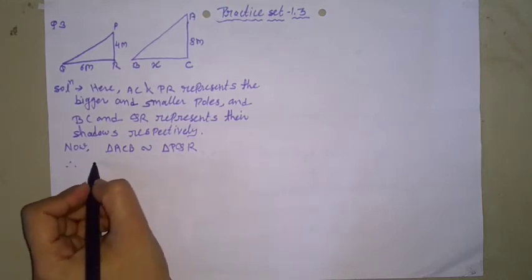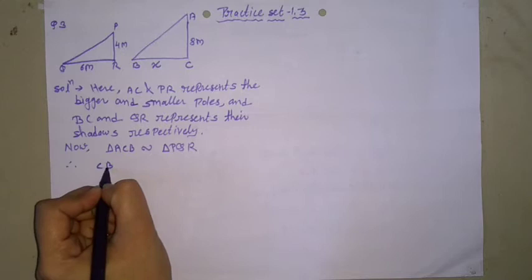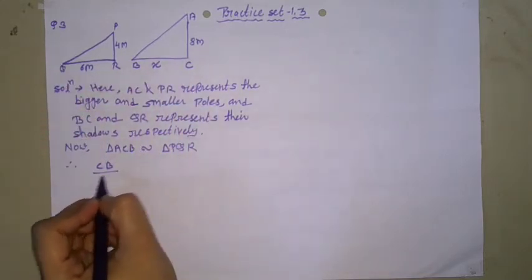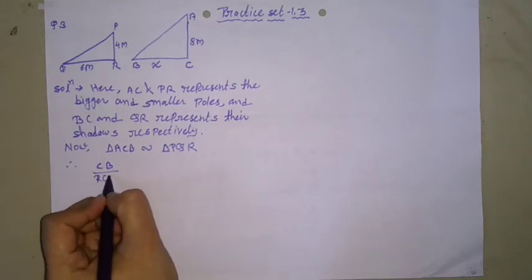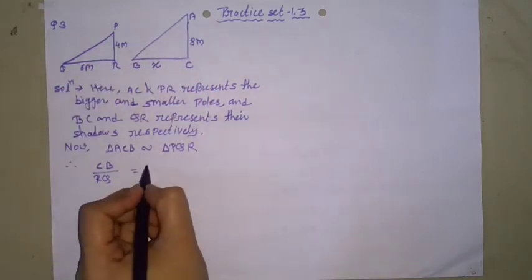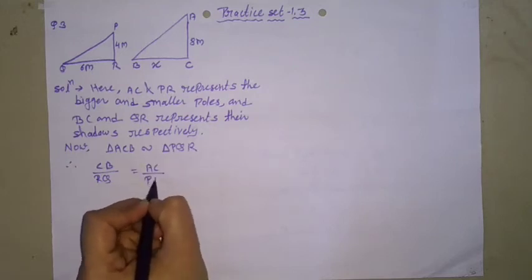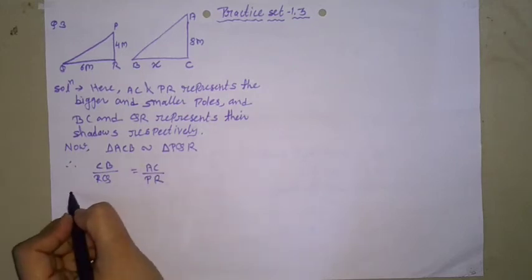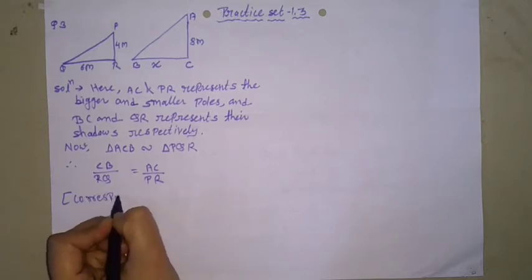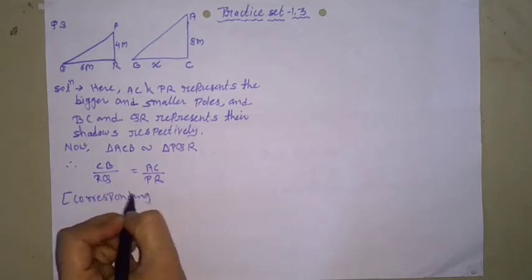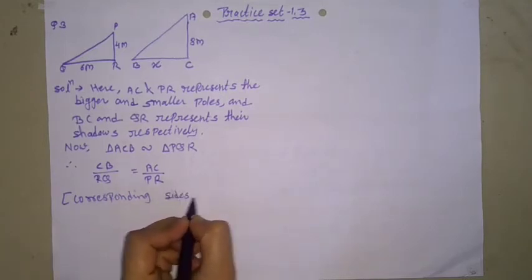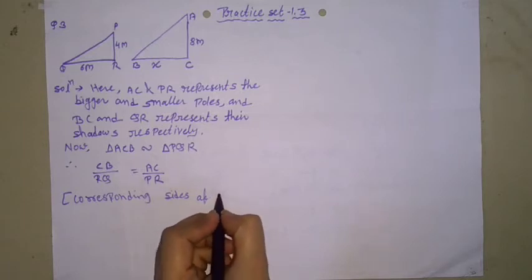Therefore, CB divided by QR equal to AC divided by PR, by corresponding sides of similar triangles.